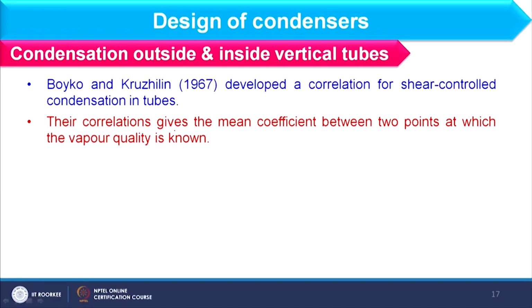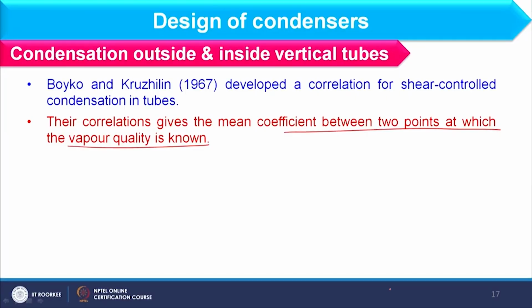Boyko and Kruzhilin give a correlation that depends on the 2 points at which vapor quality is known. 2 points means where vapor is entering and from where condensate is exiting, right.